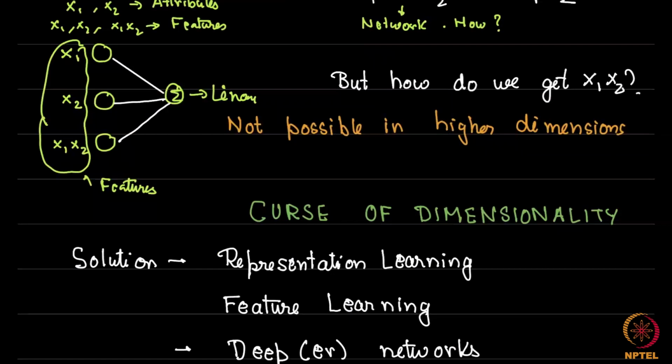Okay. But the key question is this, how are you going to know magically that you need x1, x2? So rather than saying how do we get x1, x2, which is just a simple calculation, how do we get to know that it was x1, x2?